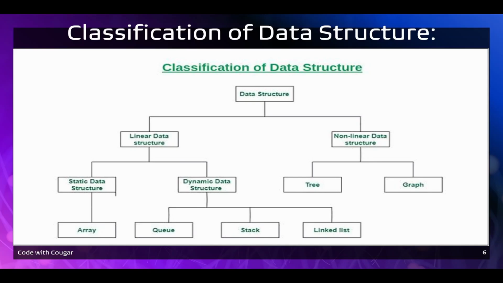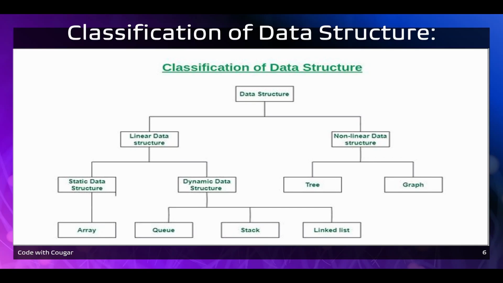So this is a good representation of the classification of data structures. Broadly, data structures are classified into linear data structures and nonlinear data structures. By linear data structure, we mean the data structures where the elements are arranged in a linear fashion or sequential order.